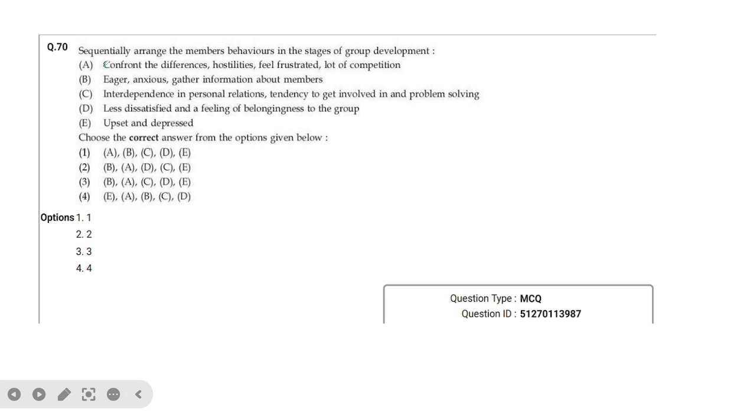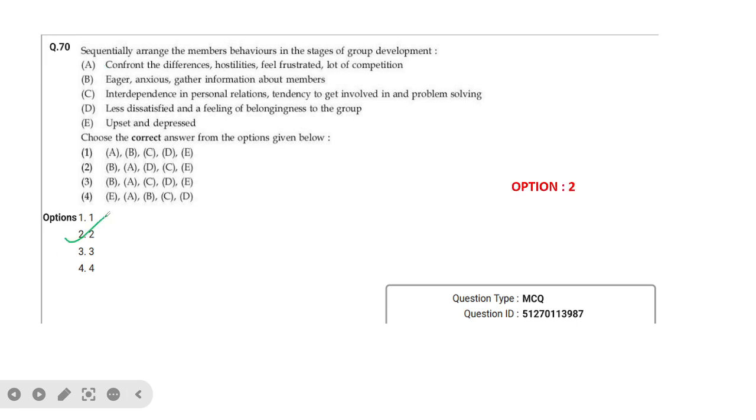Question number 70 is sequentially arrange the members' behaviors in the stages of group development. So starting with the option, पहले तो इसका करेक्ट ऑप्शन देख लेते हैं. ऑप्शन 2 इज द राइट ऑप्शन. अब देखते हैं स्टार्टिंग विद ईगर एंक्शियस गैदर इंफॉर्मेशन अबाउट द मेंबर्स. First step is that.